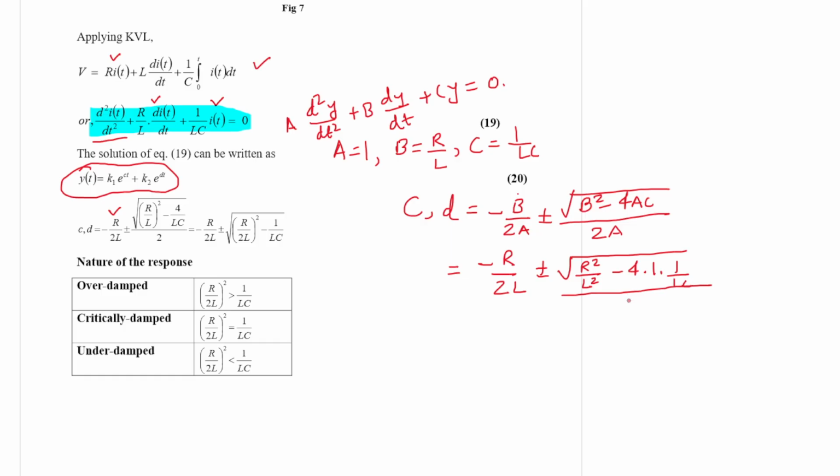What is 2A? A is 1. So if you solve this, you will get this expression: minus R by 2L plus minus root under R by 2L whole square minus 1 by LC.